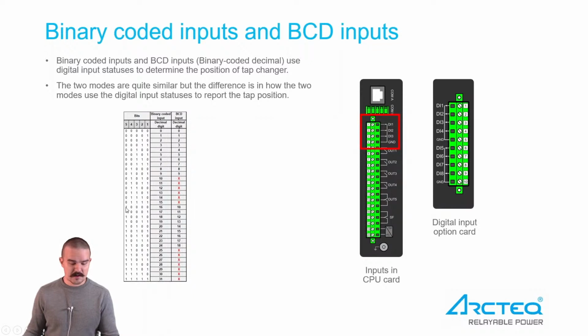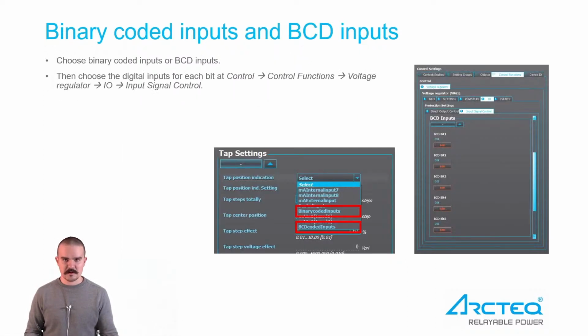So number 10 actually is 10000. So otherwise they are the same, but BCD inputs use this kind of logic. And for this one, you can use the digital inputs in the CPU card and also the digital inputs in the option card.